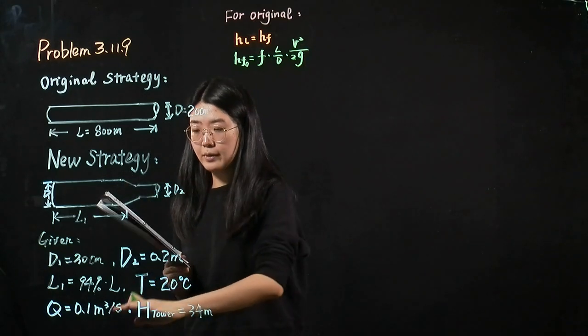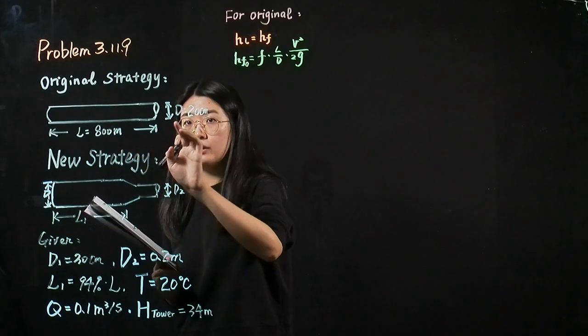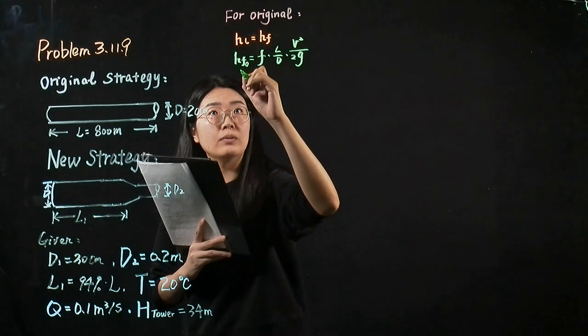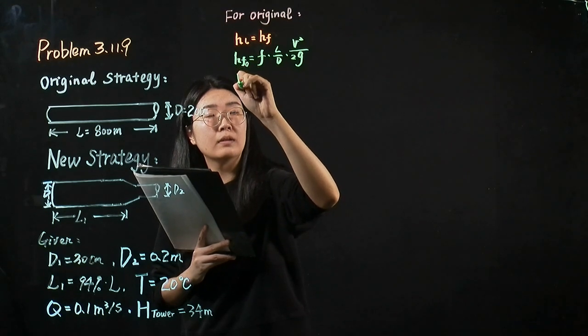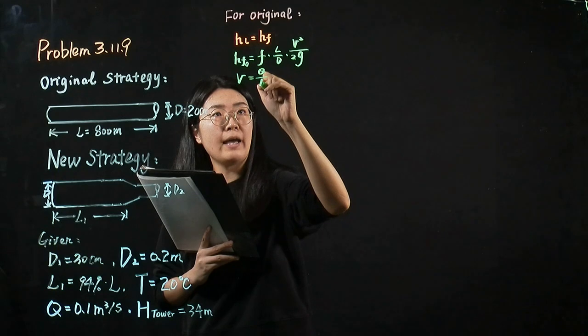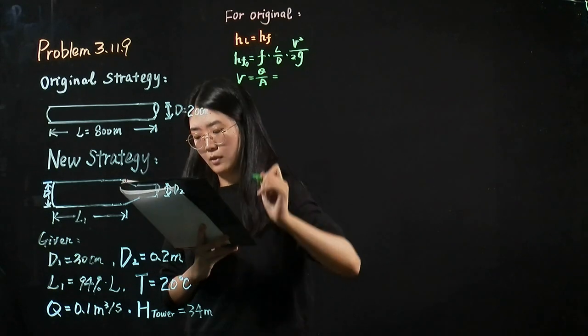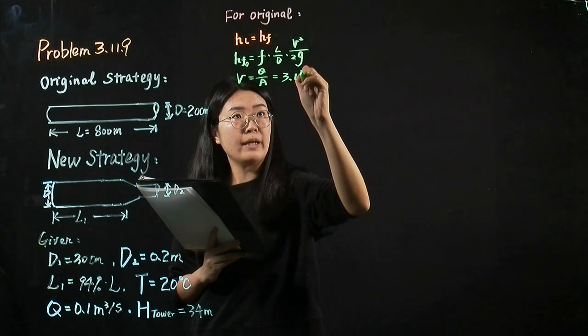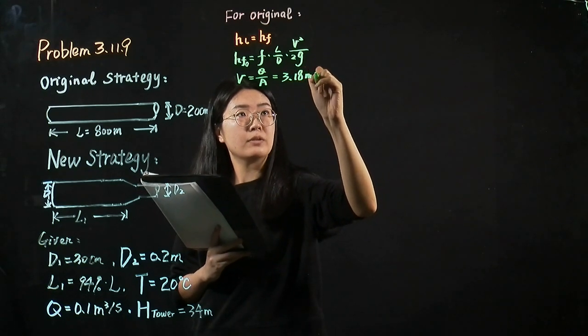We know the flow rate and the diameter for the original pipe, so the velocity equals Q over A, which is equal to 3.18 meter per second.